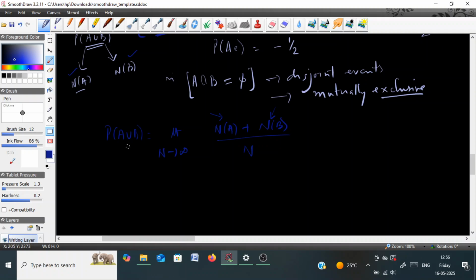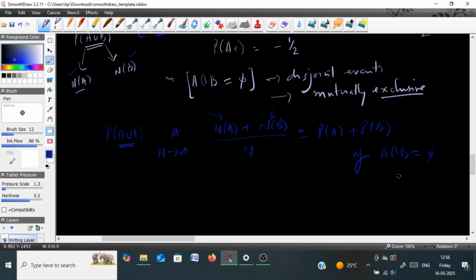So A union B occurs NA plus NB times because they are mutually exclusive or disjoint. So if A occurs, then B cannot occur, and when B is present, A is not present. So the total number of times A union B is present is the sum of these two, and that is nothing but the probability of event A plus probability of event B, with the condition that A intersection B is empty.